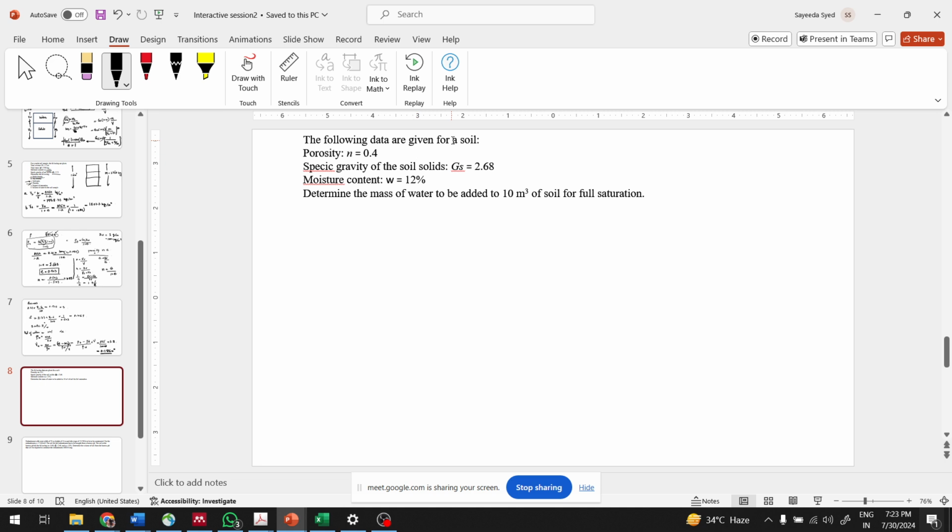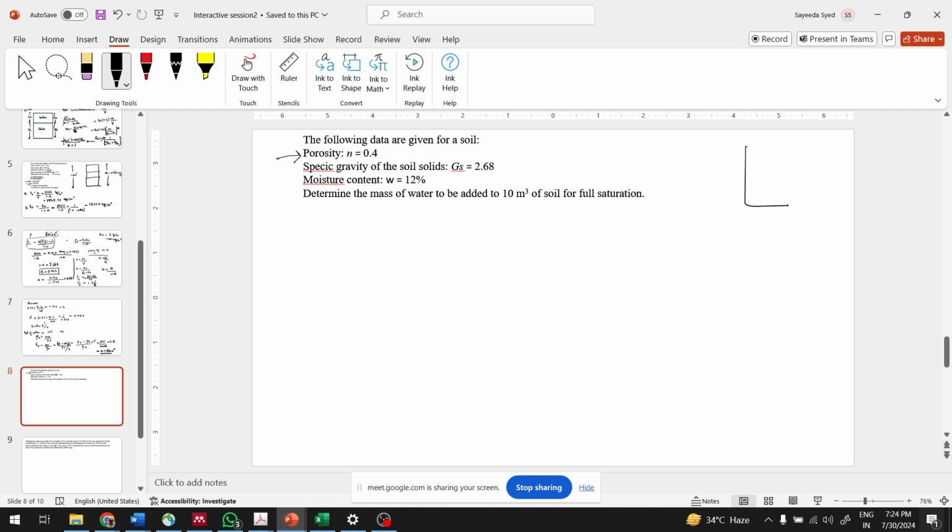Following data are given for a soil: the porosity, the specific gravity, the moisture content. Determine the mass of water to be added to 10 meter cube of soil for full saturation. Let's try to understand what the question is saying. We have been given the porosity.